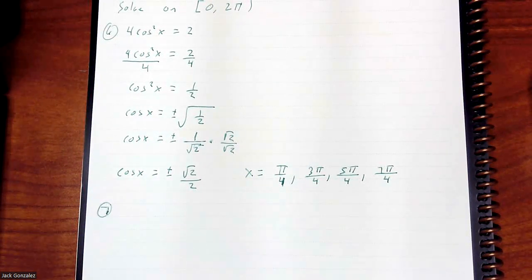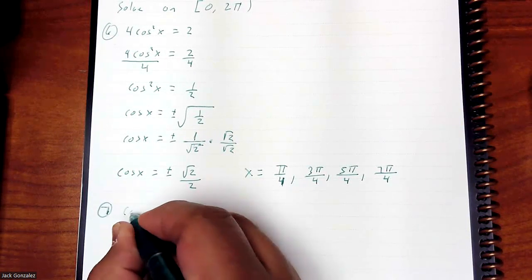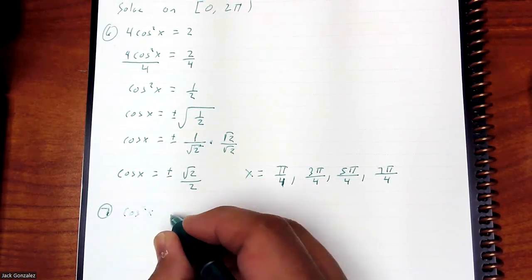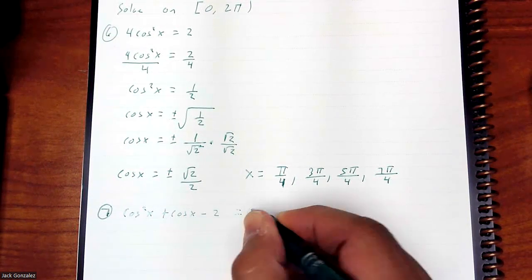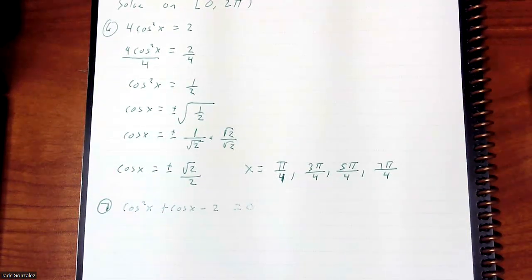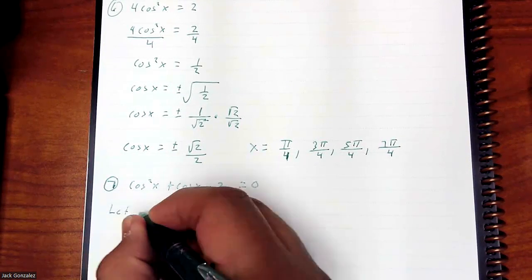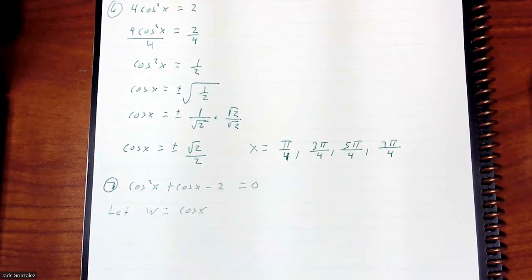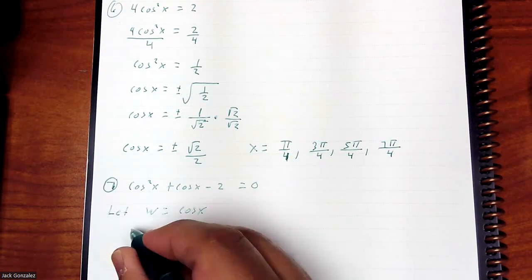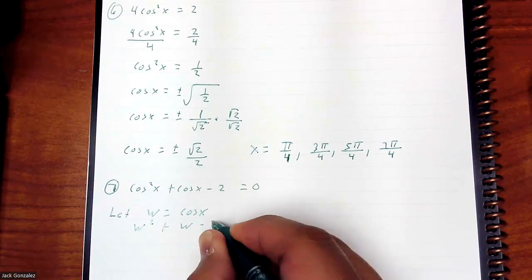Okay. Number 7 was a quadratic type. So you can do the substitution if you want, or just straight up factor it. So that will give us w squared plus w minus 2.